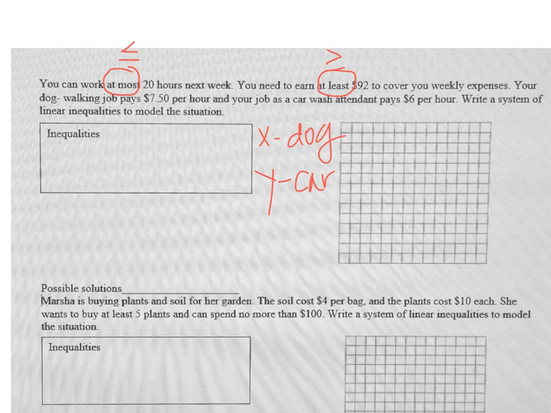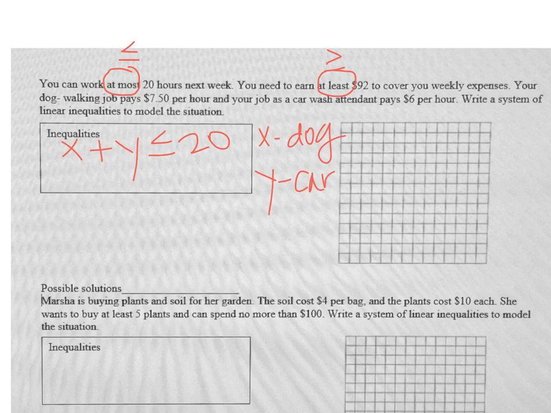So to write the inequality, well, I can work at my dog job and at my car washing job together, and I have to only work less than or equal to 20 hours, okay? So remember, X represents dog walking hours, and Y represents your car wash hours, okay?